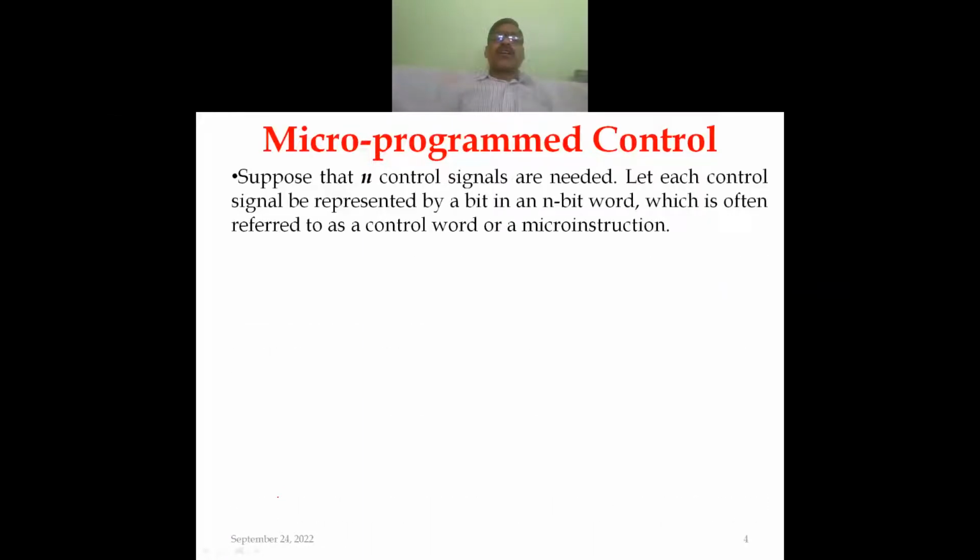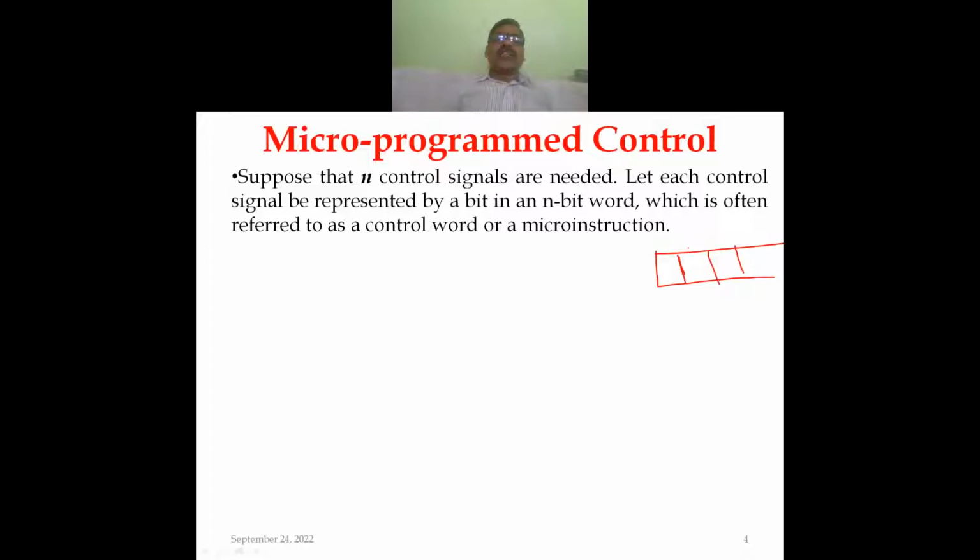Suppose that n control signals are needed in our processor. Then let each control signal be represented by a bit in an n-bit register, so that every bit is one control signal.